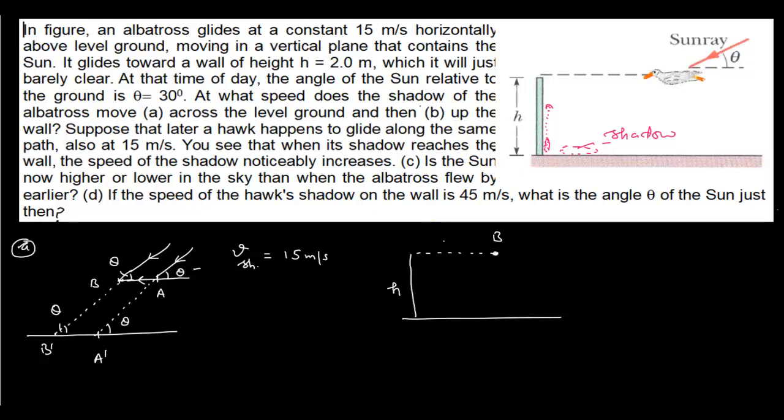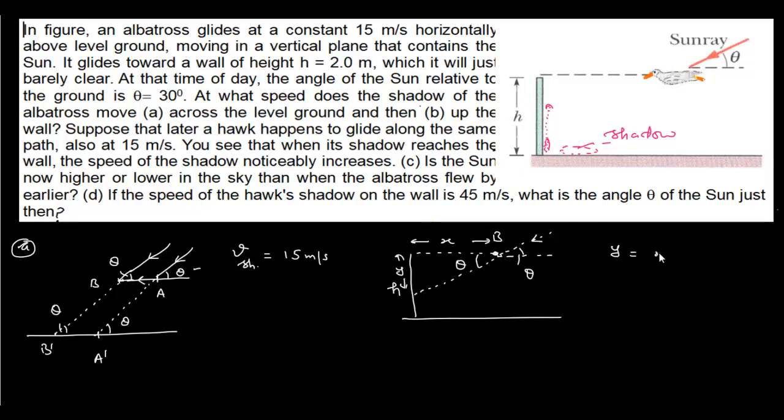Let it be at a gap x at any instant of time, and let the shadow of the bird be here, at height y. The sun rays are coming this way, and we are given angle theta here. So if this is theta, this is also theta.